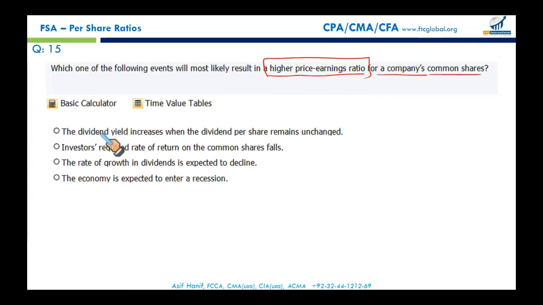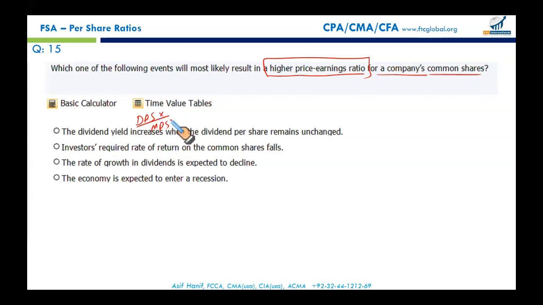Let us see first option A. Dividend yield. What is dividend yield? Dividend yield is the dividend per share divided by the market price per share. Now let's read the option. The dividend yield increases when the dividend per share remains unchanged. How can the dividend yield increase when the dividend per share stays the same?